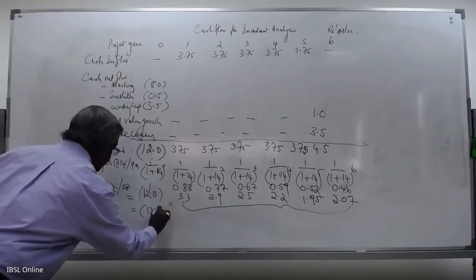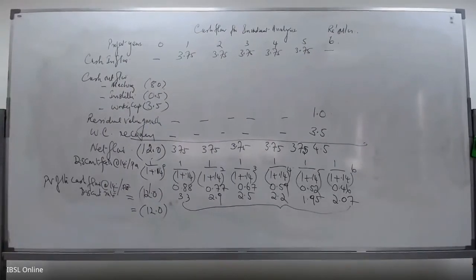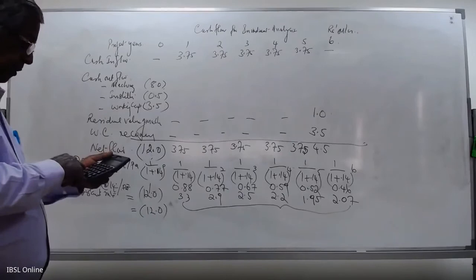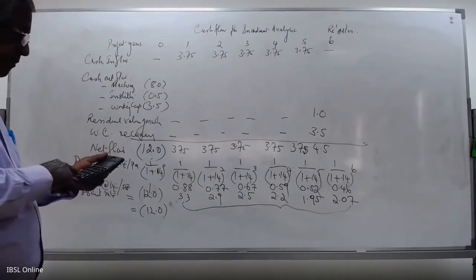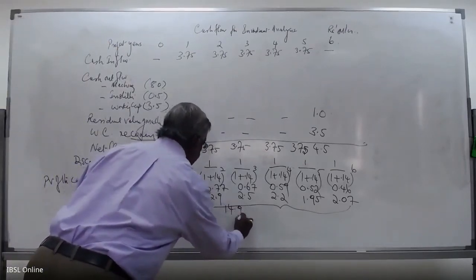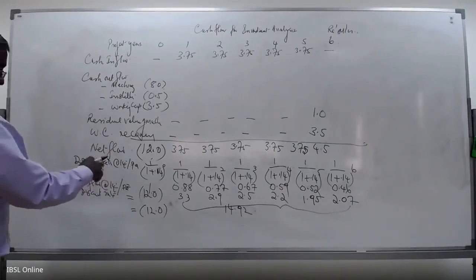Negative 12.0, then 3.3 plus 2.9 plus 2.5 plus 2.2 plus 1.95 plus 2.07, which gives 14.92. This is plus.